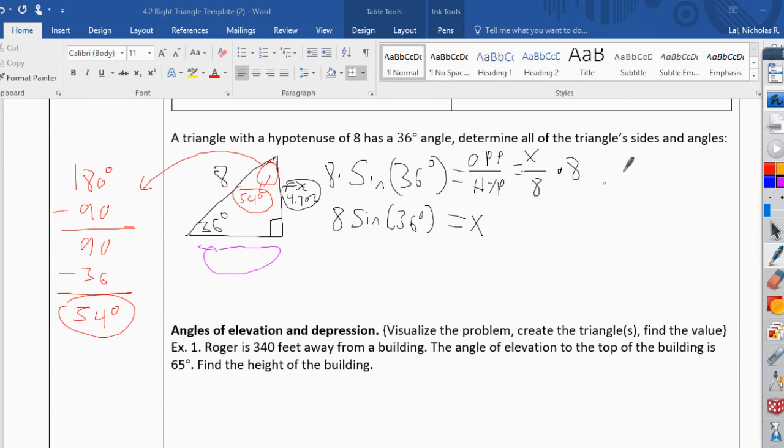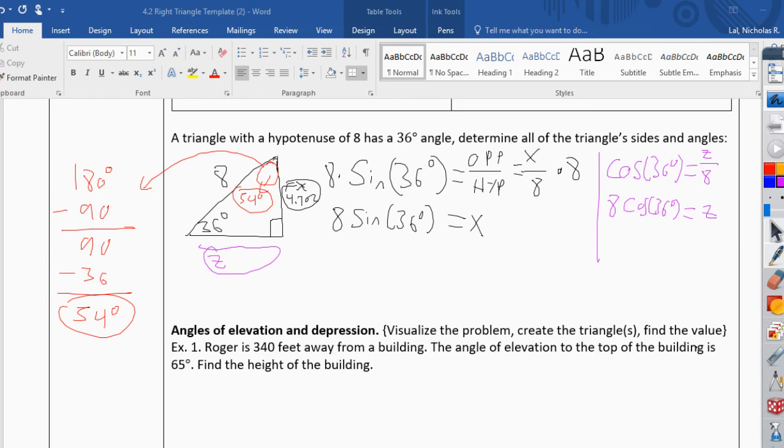One way to do it is the cosine of 36 is equal to, let's call this z, z over 8. Then 8 times the cosine of 36 is equal to z.